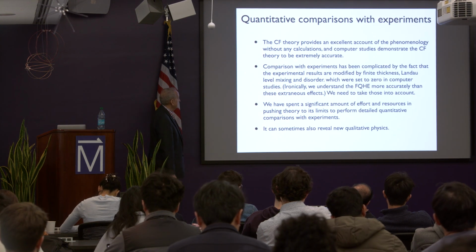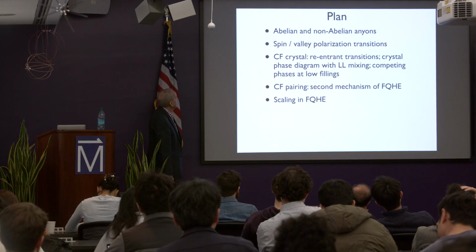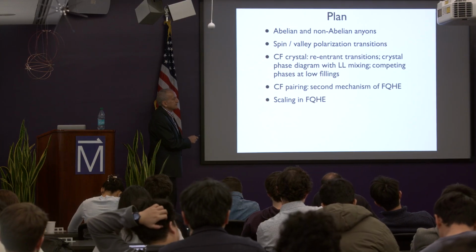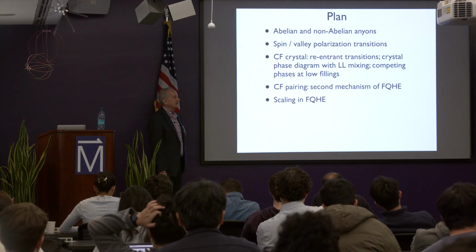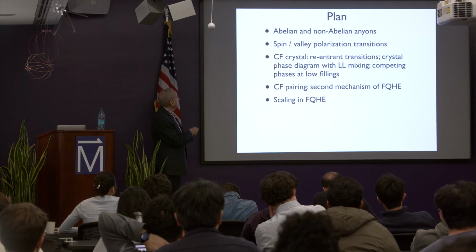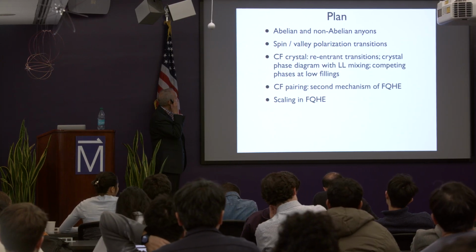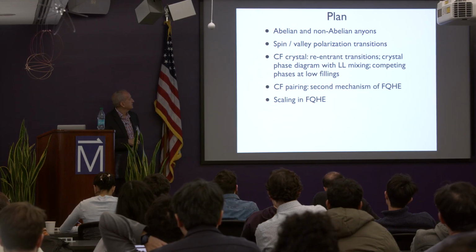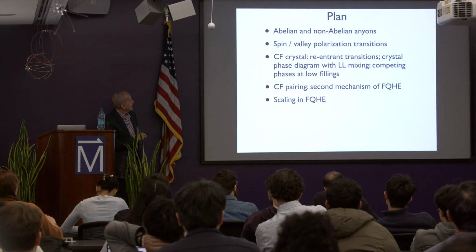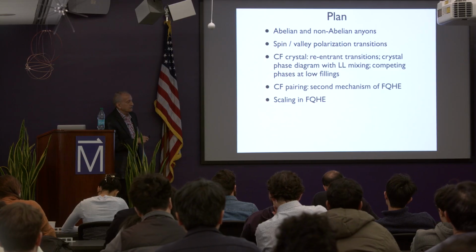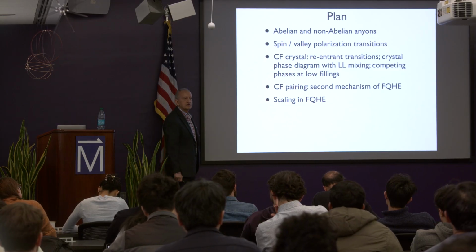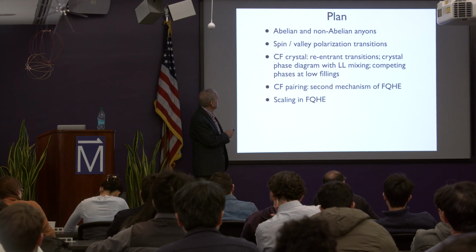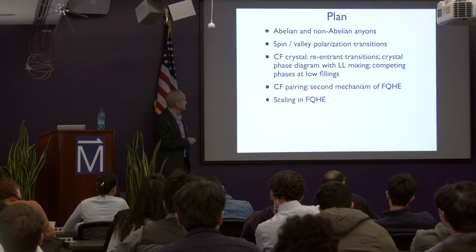So let me just say, the plan today is this. A question had come up yesterday, and I would like to just discuss this in a few minutes. So how about the abelian, non-abelian statistics? I will then consider what happens when spin or valley polarization is important. What happens to a crystal of composite fermions?